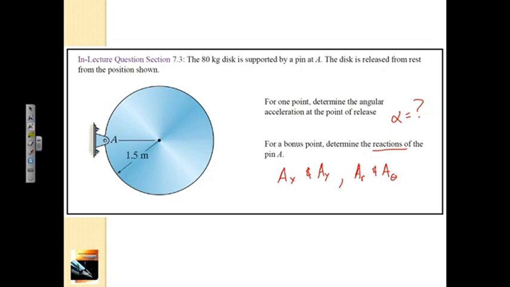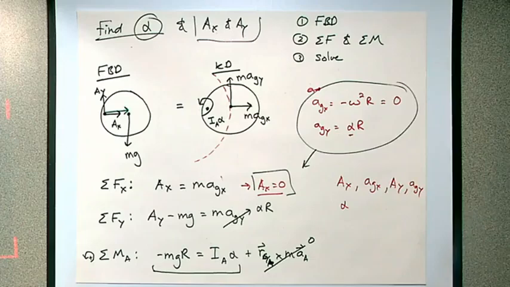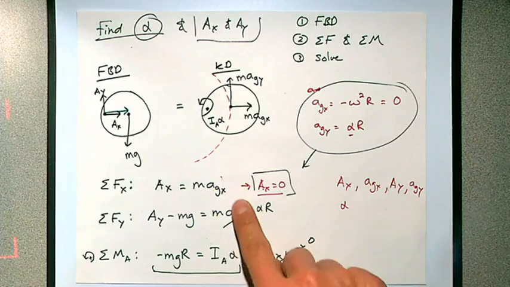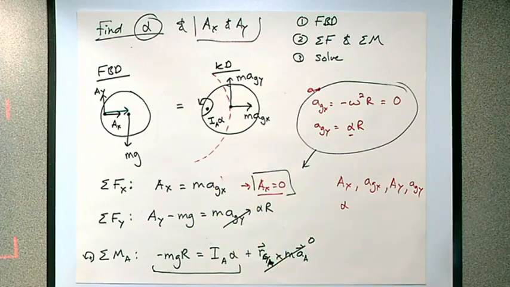So, done. With this problem, what do we have to do? We're trying to find alpha, and we're trying to find reaction forces. That's going to lead us with the Newton-Euler approach. Newton-Euler is sum of forces, sum of moments. So we draw free body diagrams, we sum the forces. Pretty natural. Once we sum these forces, we've got to figure out something about the accelerations. These rigid body accelerations tie together that rotation, omega, the angular acceleration, alpha, with the accelerations at other points on the body.